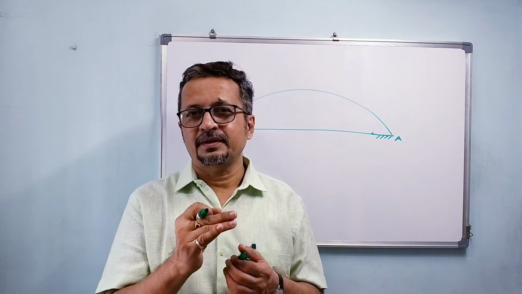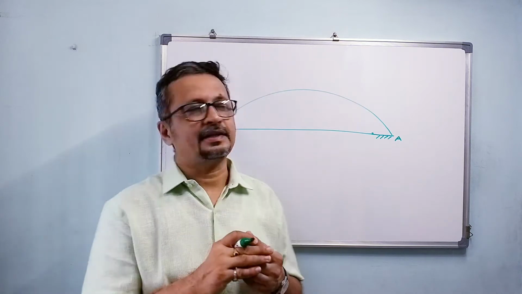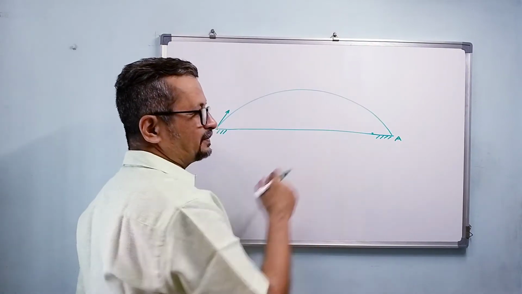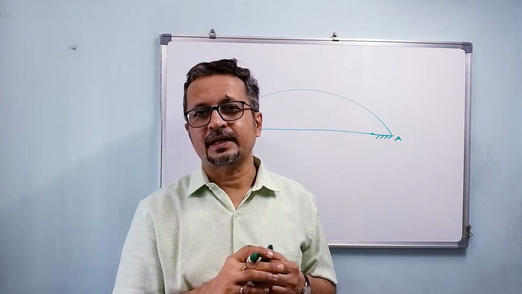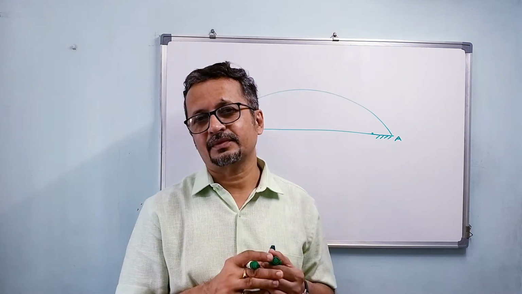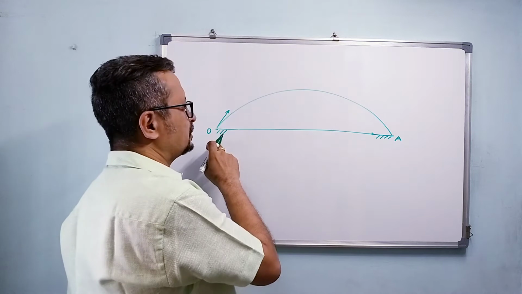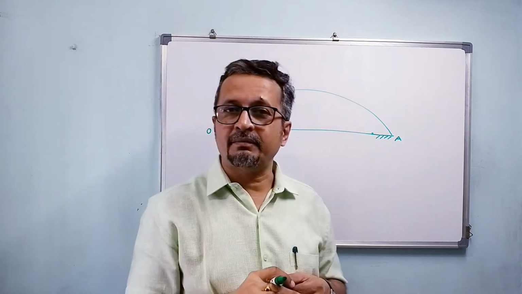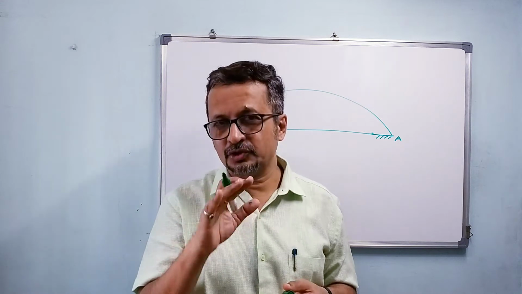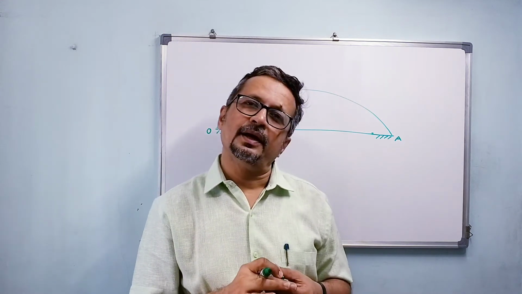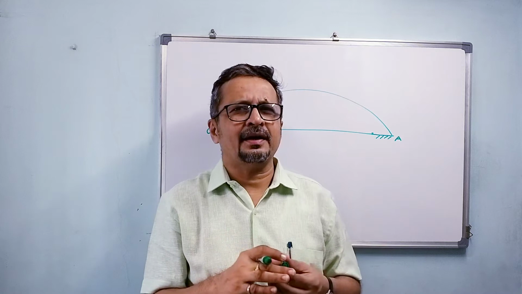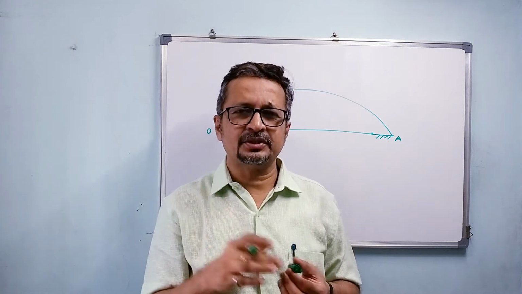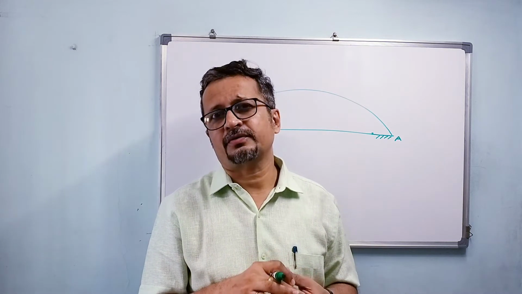Number 3, the acceleration due to gravity at all the places is the same. Whether the ball is here or here or here or here, the acceleration due to gravity remains the same throughout. And any other approximation or assumption that you might think of?